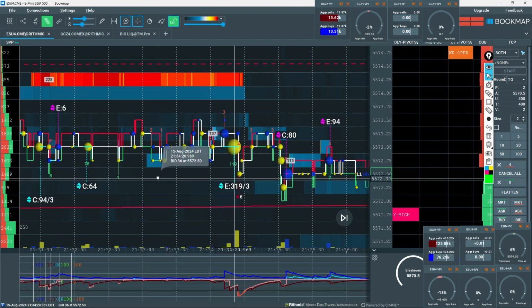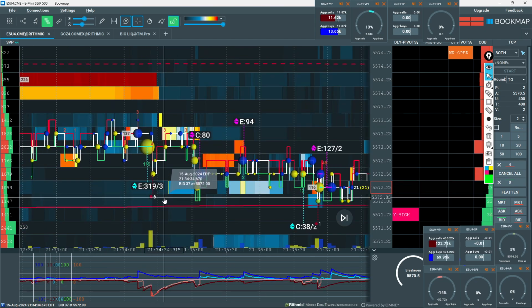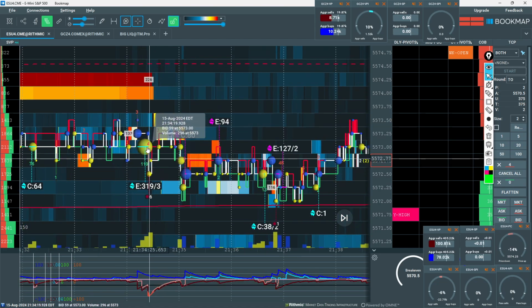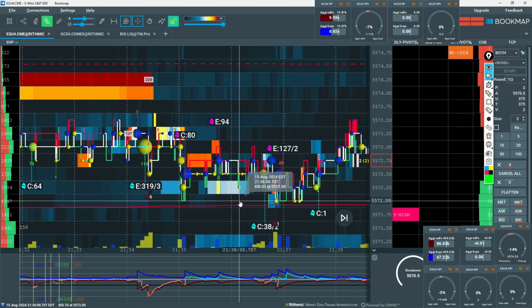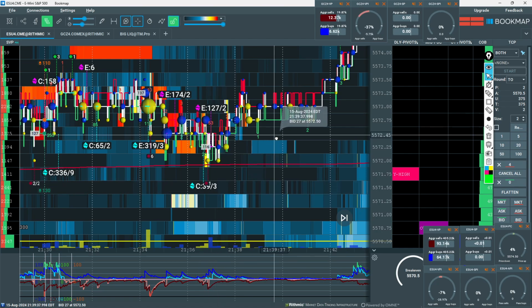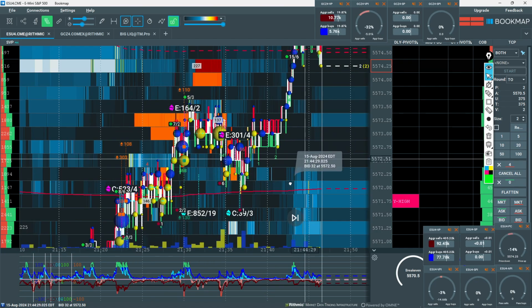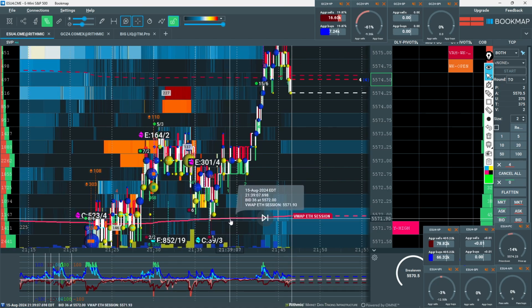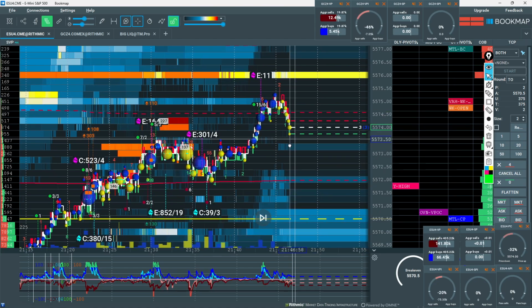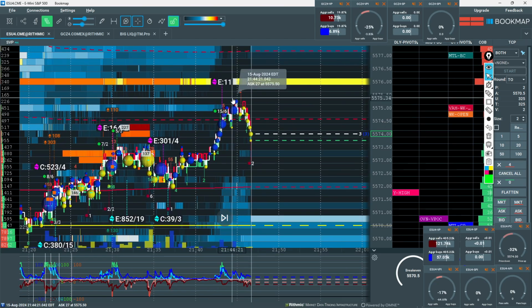So this one here executed, right? 319 as we're getting sellers pulling into this here. 319 executed. A couple more cancellations here, and all this is happening around VWAP, right? That red line right there, just above VWAP, and that's where we're at right now.